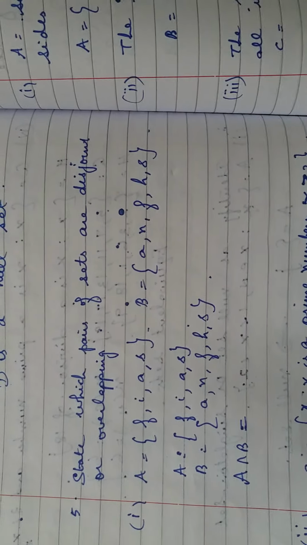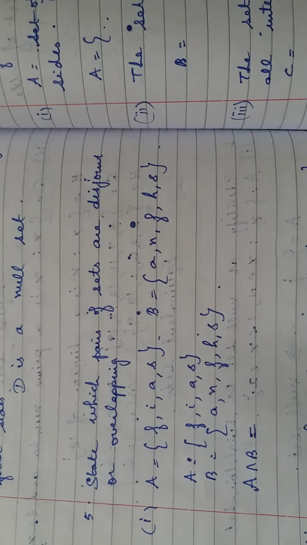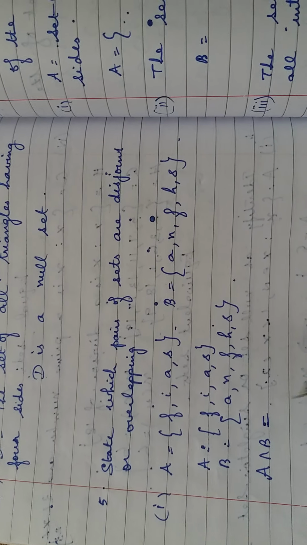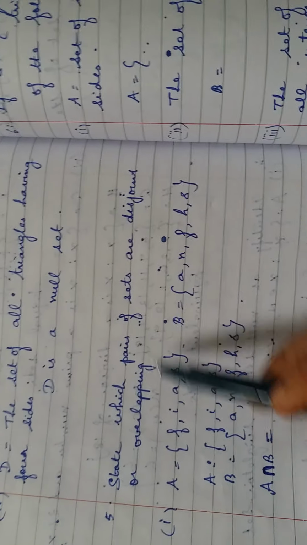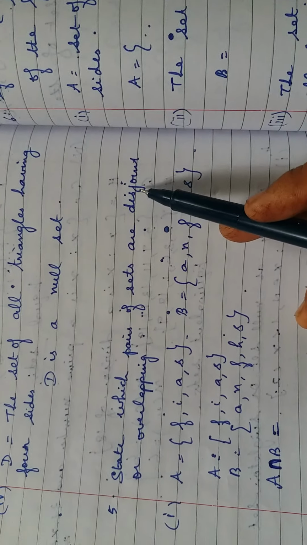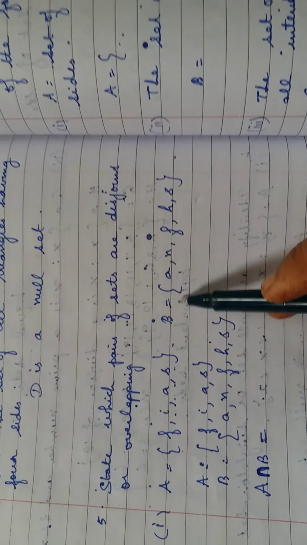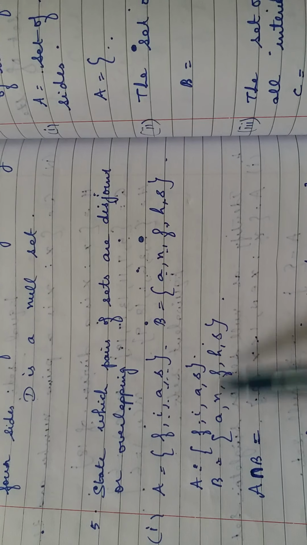Next question. State which pair of sets are disjoint or overlapping. Disjoint means you don't have any elements in common. Overlapping means you have elements in common. You know intersection means elements common between A and B. So here A is equal to {F, I, A, S}, B is {A, N, F, H, S}.